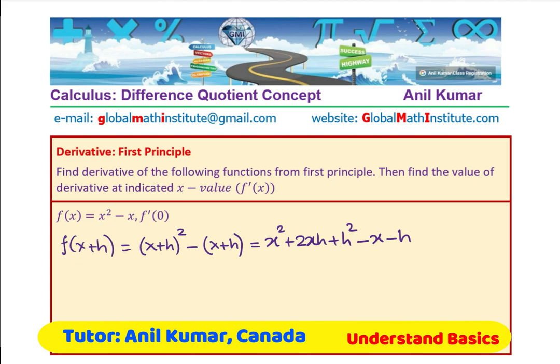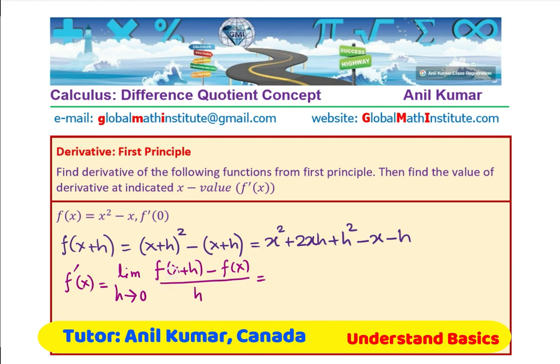Now, when I say find derivative using first principle, then it really means that we have to find or simplify this particular expression. Limit h approaches 0 for f of x plus h minus f of x over h.